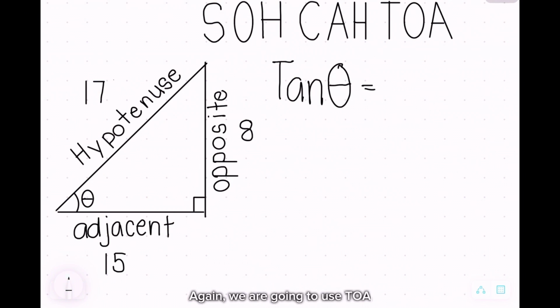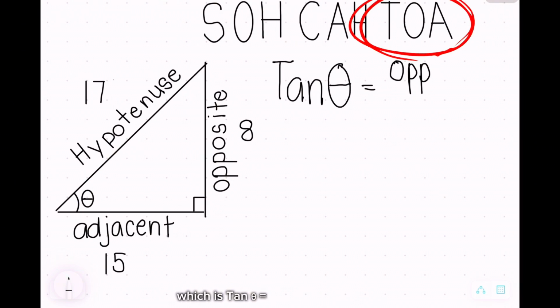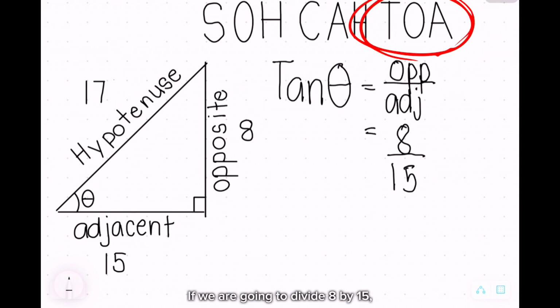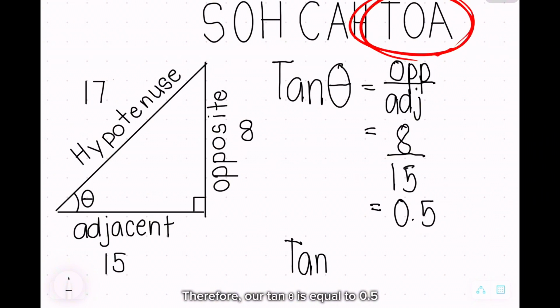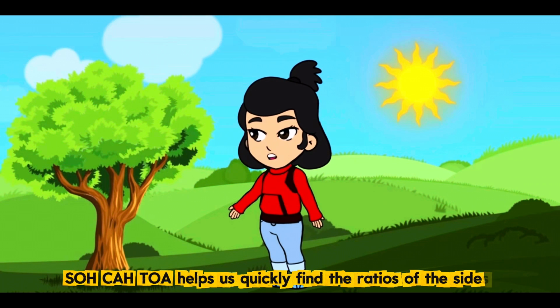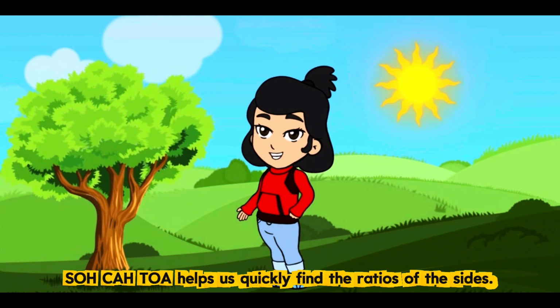Again, we are going to use TOA, which is tangent is equal to opposite over adjacent. Our opposite side is equal to 8 and our adjacent side is equal to 15. If we divide 8 by 15, the answer would be 0.5. Therefore, our tangent theta is equal to 0.5. See? SOH-CAH-TOA helps us quickly find the ratios of the sides.